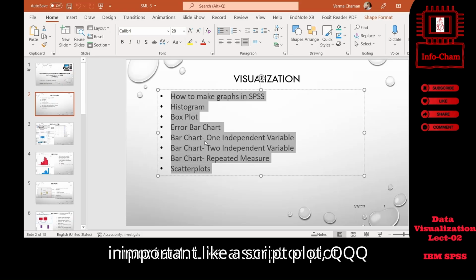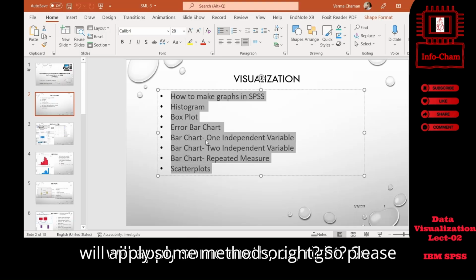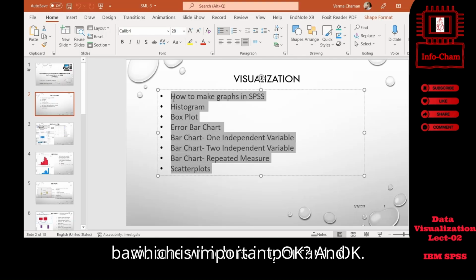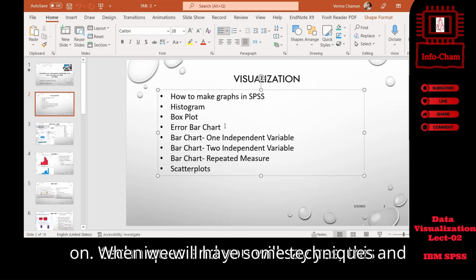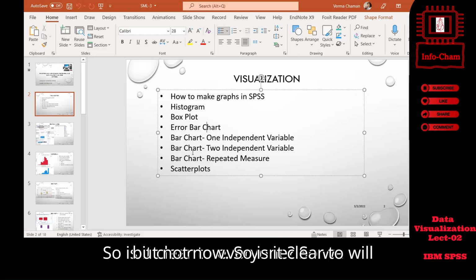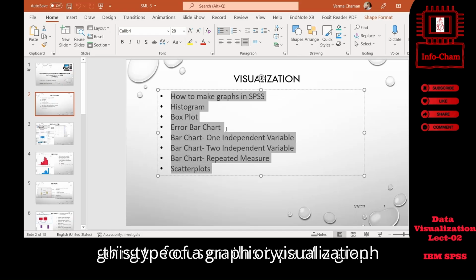For example, a scree plot and a QQ plot will come when we apply some methods, right? So please try to understand: this is the basic one, which is important. Other charts we will do later when we have those techniques, and you will say, yes, this chart we can make, but not now. Is it clear to everyone? So we are going to focus on this type of graph or visualization.